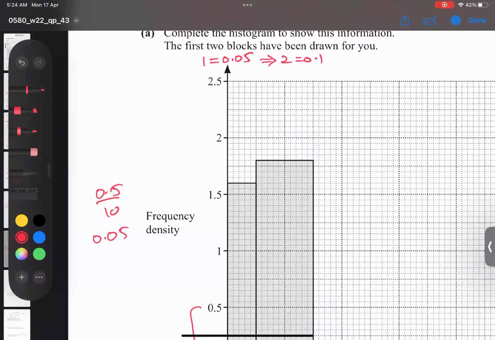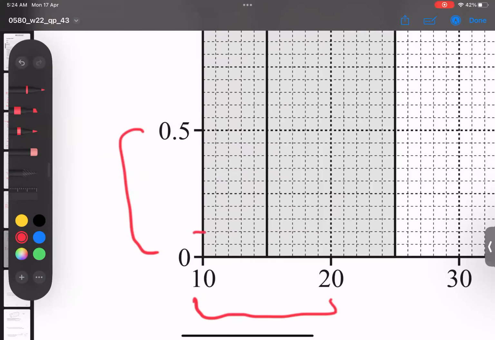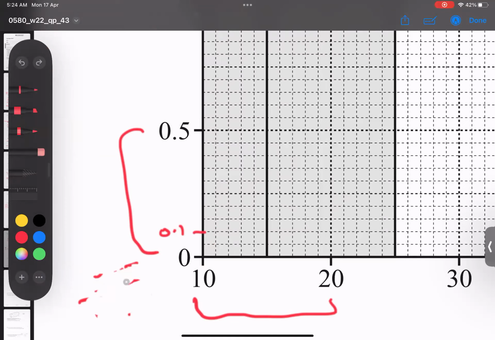How come? 0.05 plus 0.05. If you add, you can check on a calculator even, it gives you this answer. So I believe this part is very, very clear.